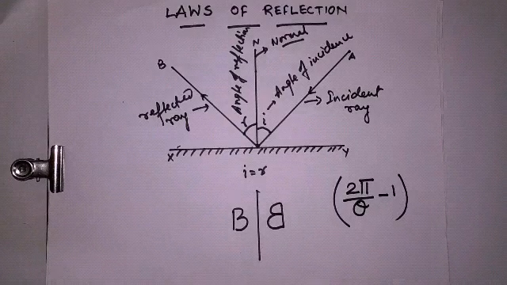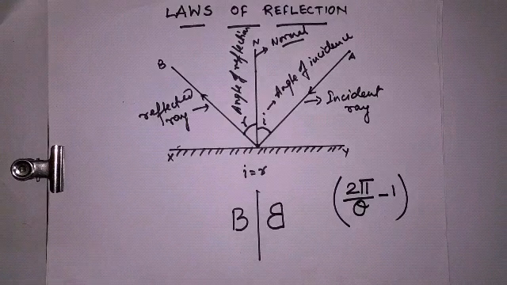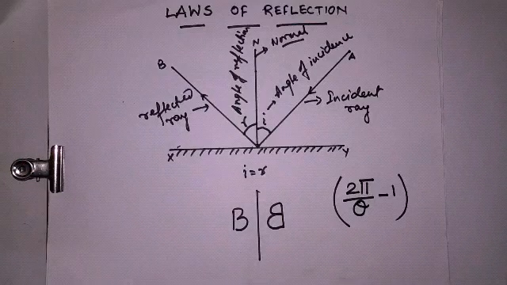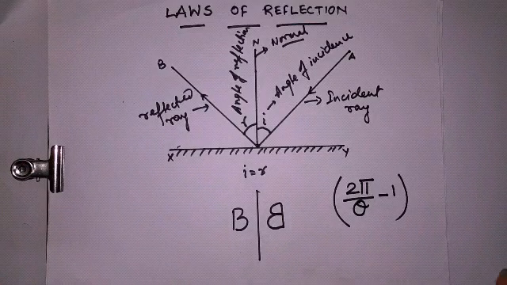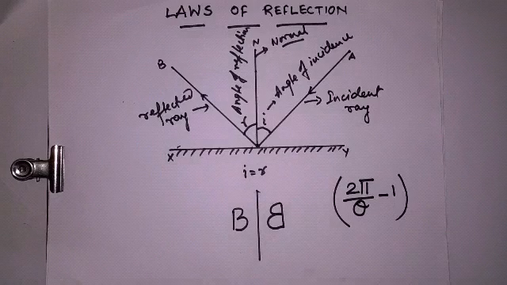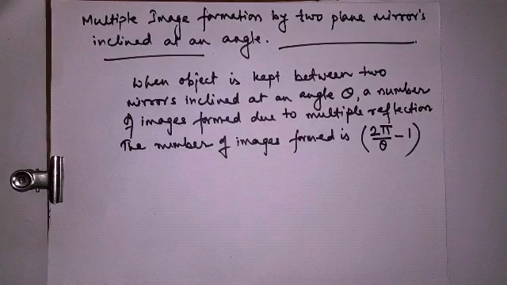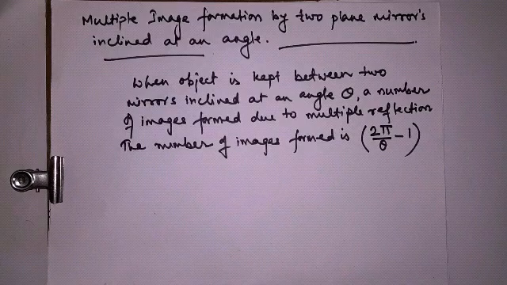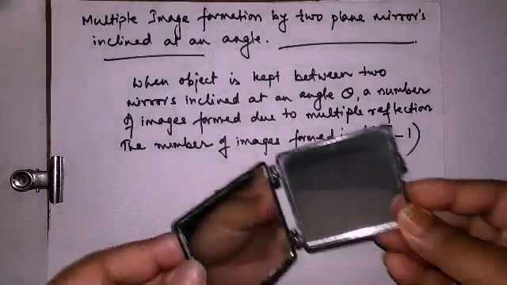Let us do it on a separate sheet of paper, and I'll also show you this multiple image formation through an experiment. Let us see how the multiple image formation by two plane mirrors inclined at an angle is done. When an object is kept between two mirrors inclined at an angle, say for example, I've taken two mirrors.